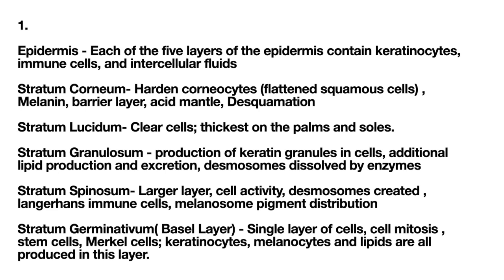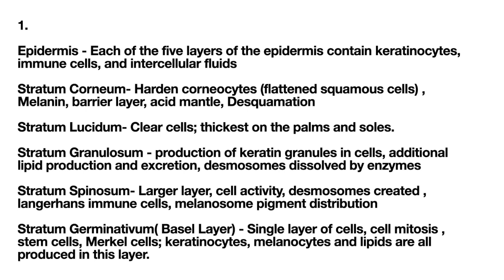Stratum Granulosum: production of keratin granules in cells, additional lipid production and excretion, desmosomes dissolved by enzymes. Stratum Spinosum: larger layer, cell activity, desmosomes created, lingering immune cells, melanosome pigment distribution.